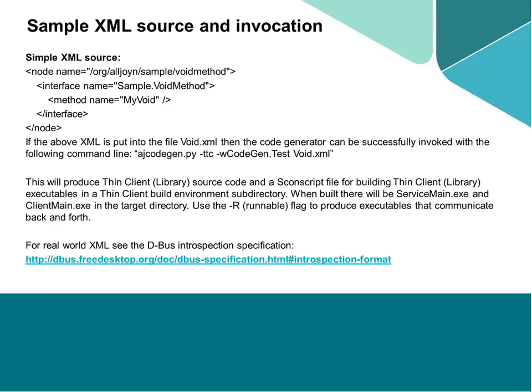Here's another very simple XML source file, and for the code generator, you would invoke it by typing ajcodegen.py -t c for target of thin client, the -w for the well-known name, in this case codegen.test, and then the name of the XML file, void.xml.